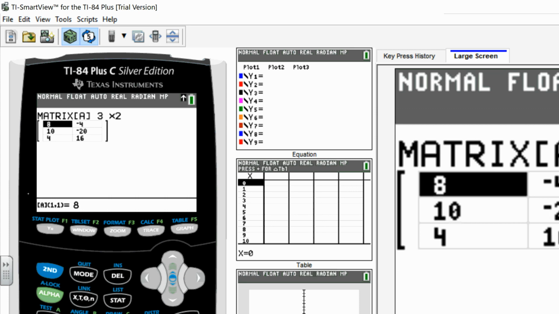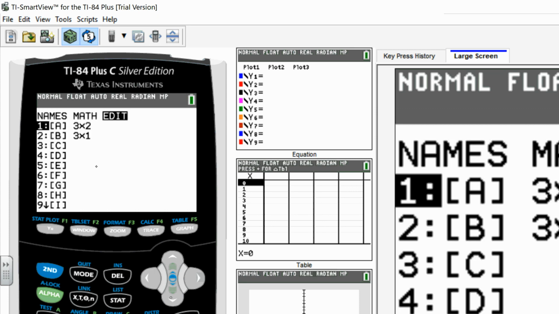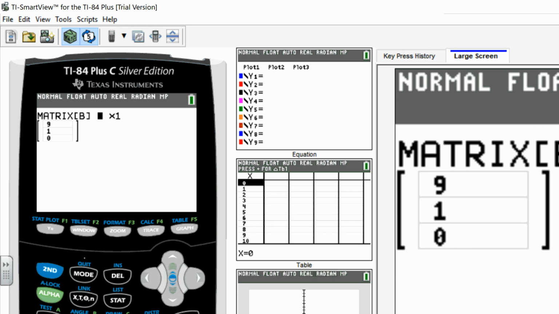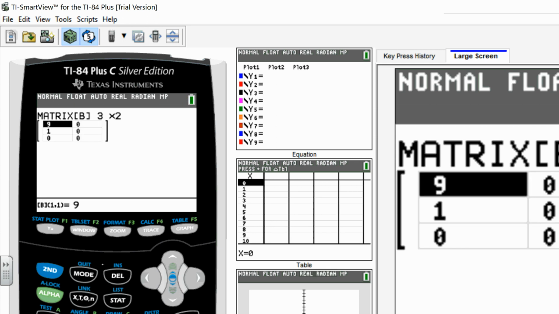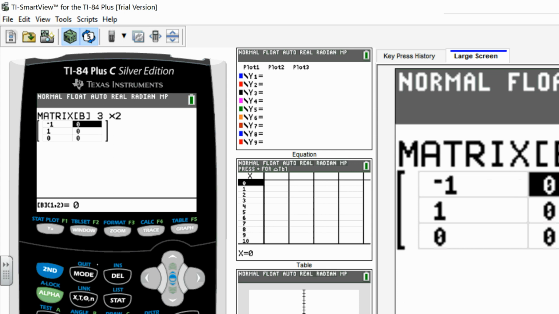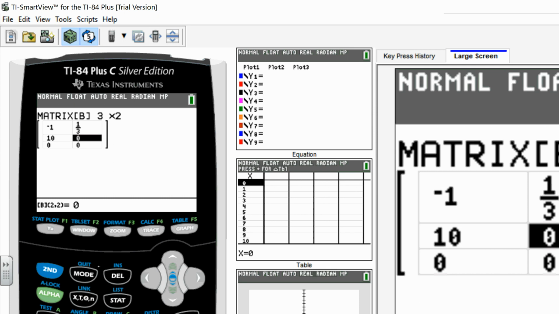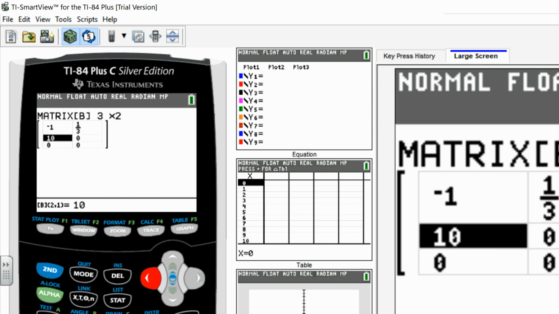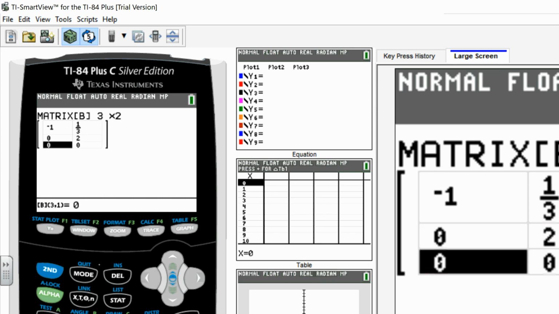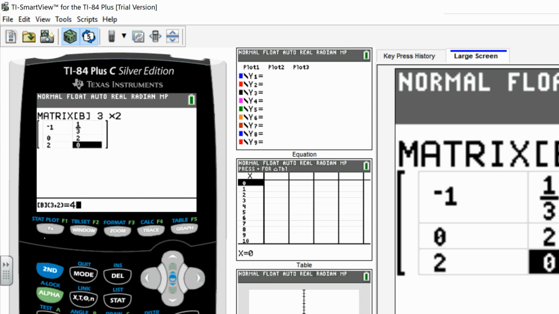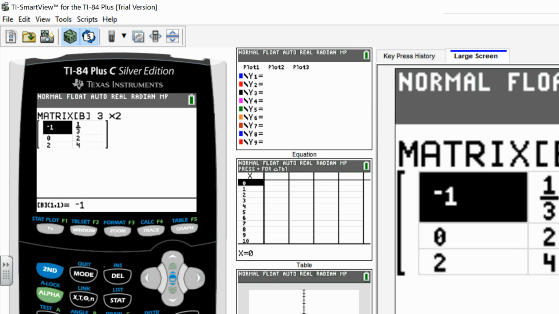Then we can go second matrix, edit, B. It is also a 3 by 2. -1, alpha, y equals, enter, 1 over 3, 10. Nope. Did it again. It would be 0, 2, 2, and 4. I about started to put the first one in again.